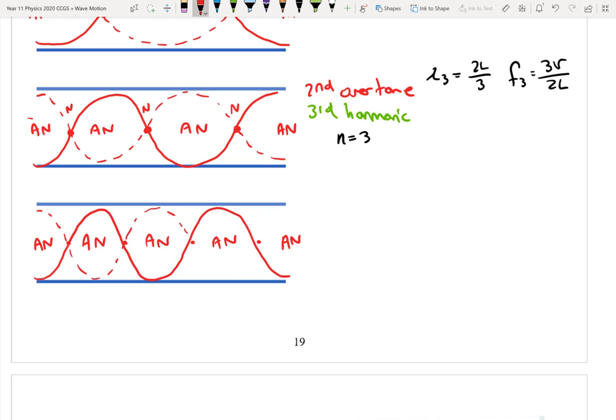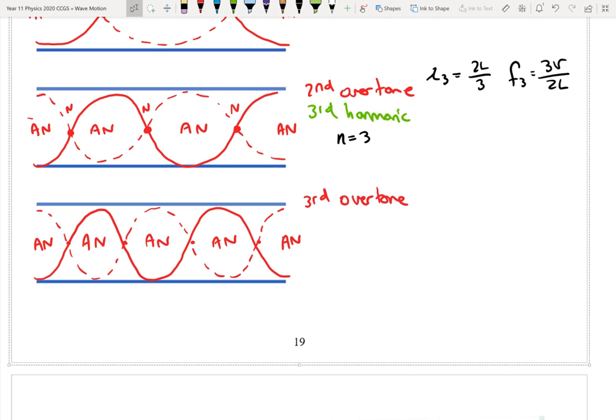And really, you're not going to go much further than, say, n equals 4 or 5. It would be very cruel to ask a student to sketch the particle envelope of the 11th harmonic, because then you'd be sitting there trying to draw 11 nodes and 12 antinodes all equally spaced. It'd be a bit cruel. As I said, you probably would not be asked to go beyond n equals 4 or 5.